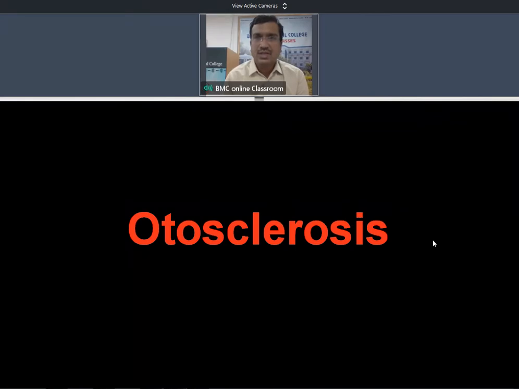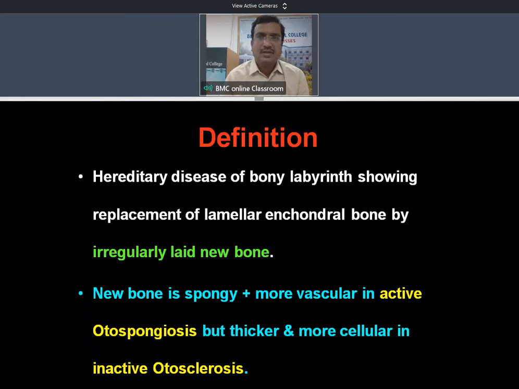So that is otosclerosis. If you see the inner ear, there is the membranous labyrinth and the bony labyrinth. In the membranous labyrinth, there will be endolymph.